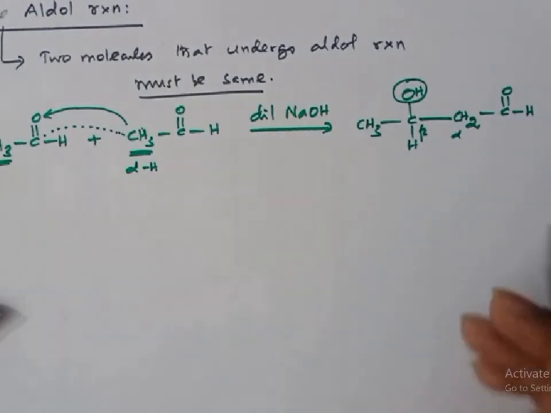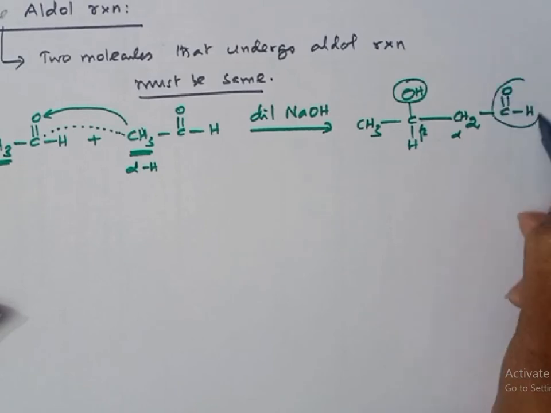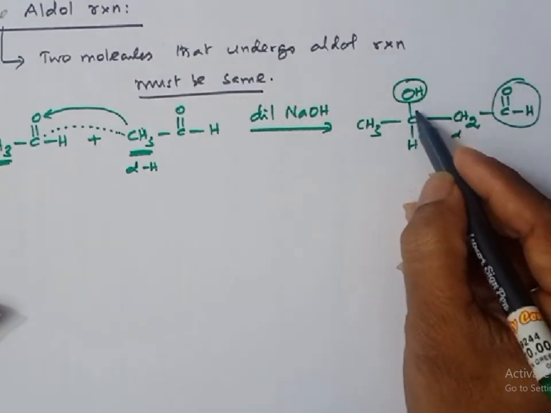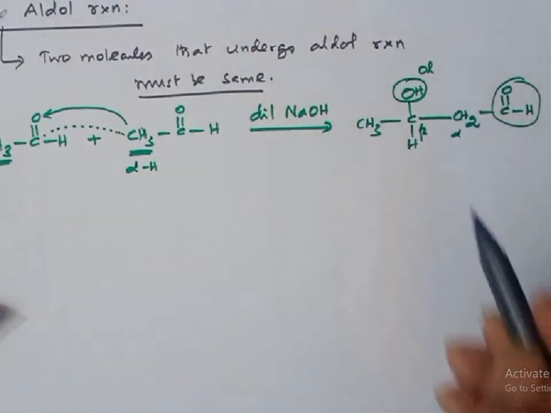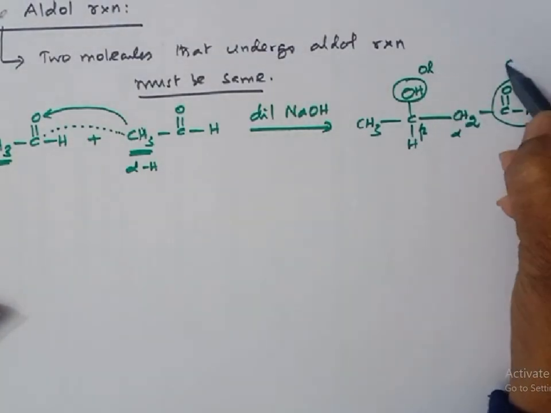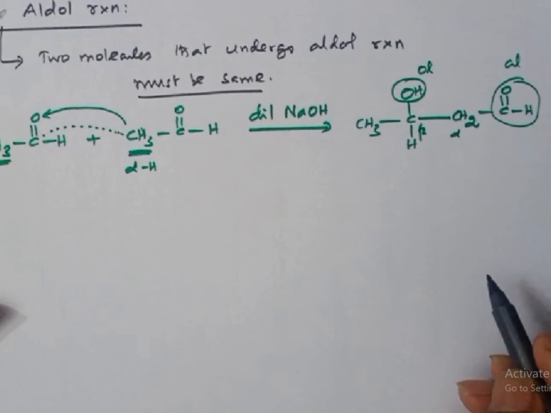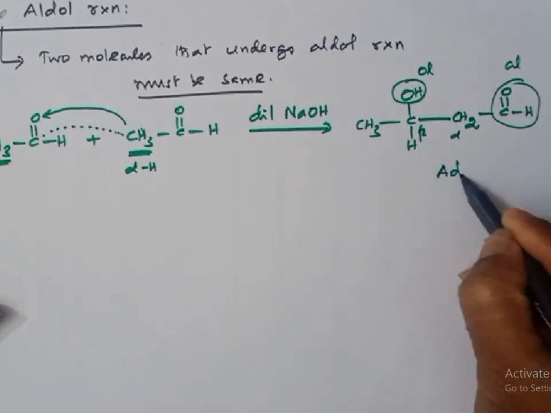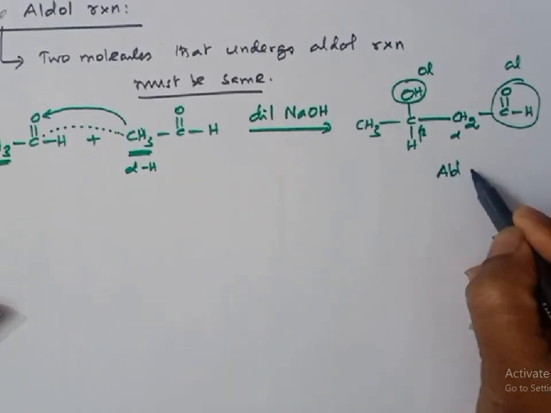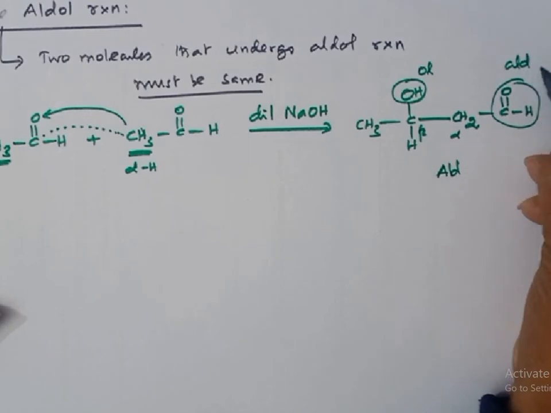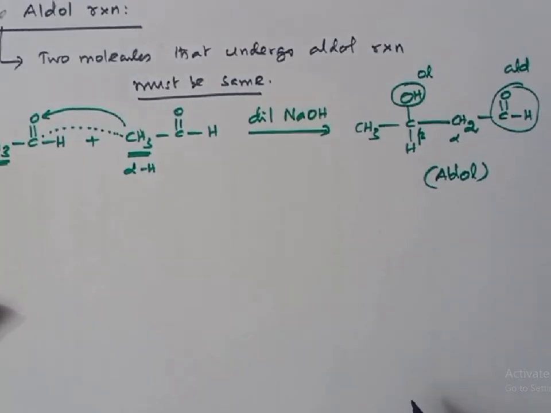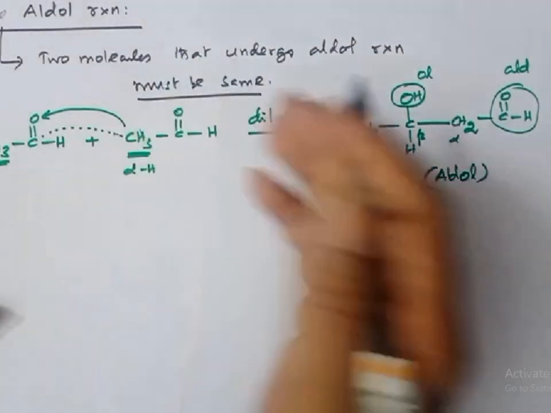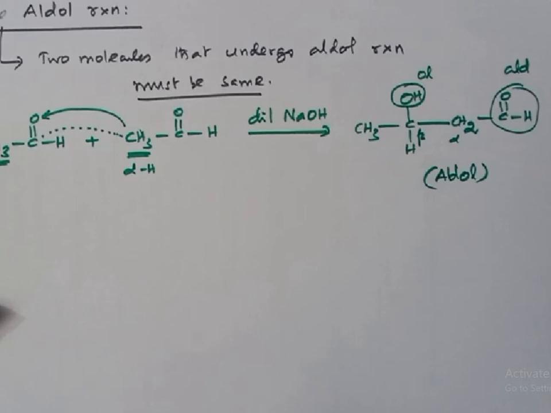Here we have an aldehyde group. In the beta position we have an alcohol group, whose suffix is ol. For aldehyde the suffix is al. By combining these two, we say generally that the reaction is Aldol: ald for the aldehyde group and ol for the alcohol group. But if you take a ketone, you will get a beta hydroxy ketone.